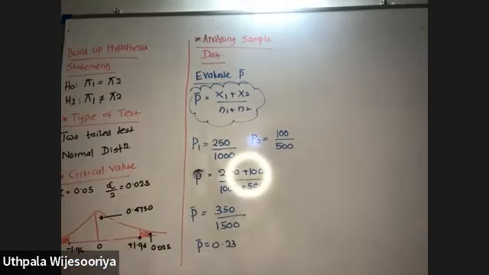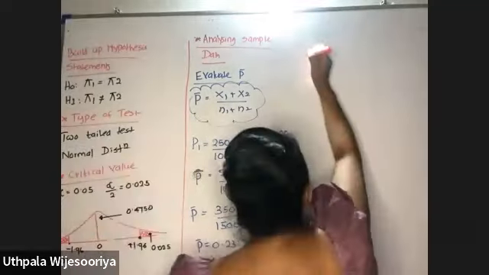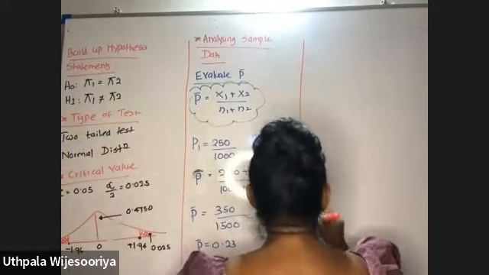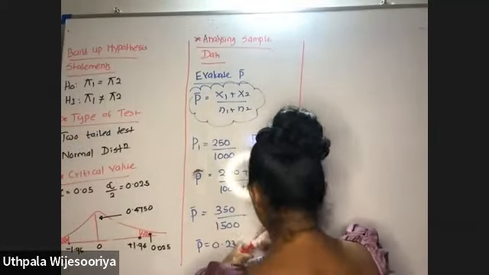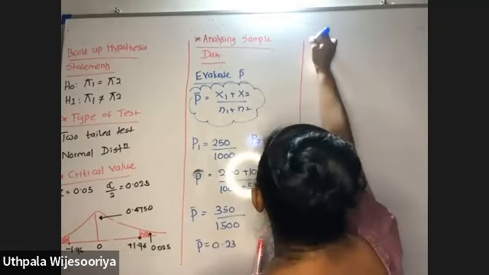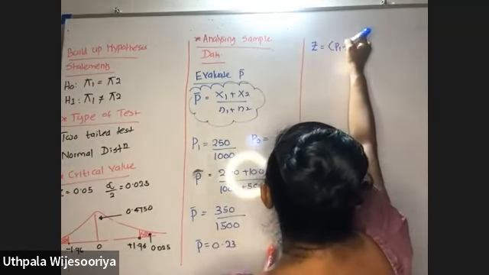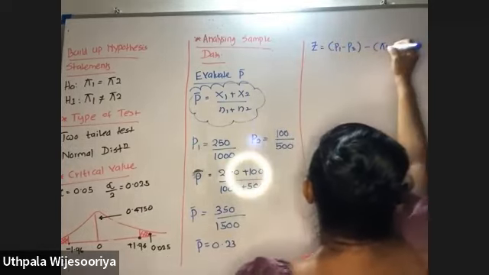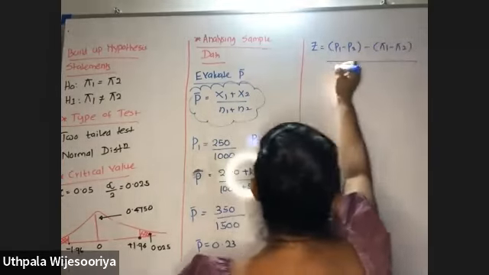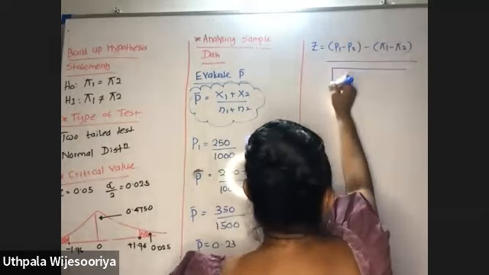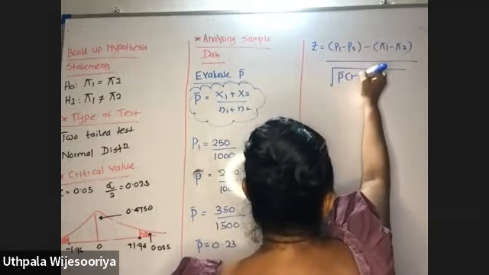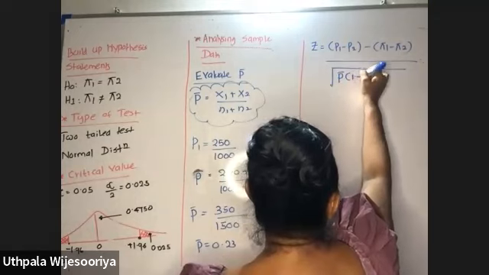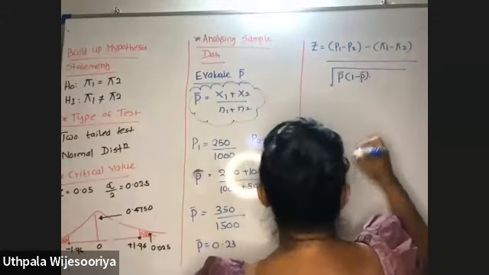So what is your Z now? Z is equal to P1 minus P2 divided by the square root of P bar times 1 minus P bar, times 1 over n1 plus 1 over n2.